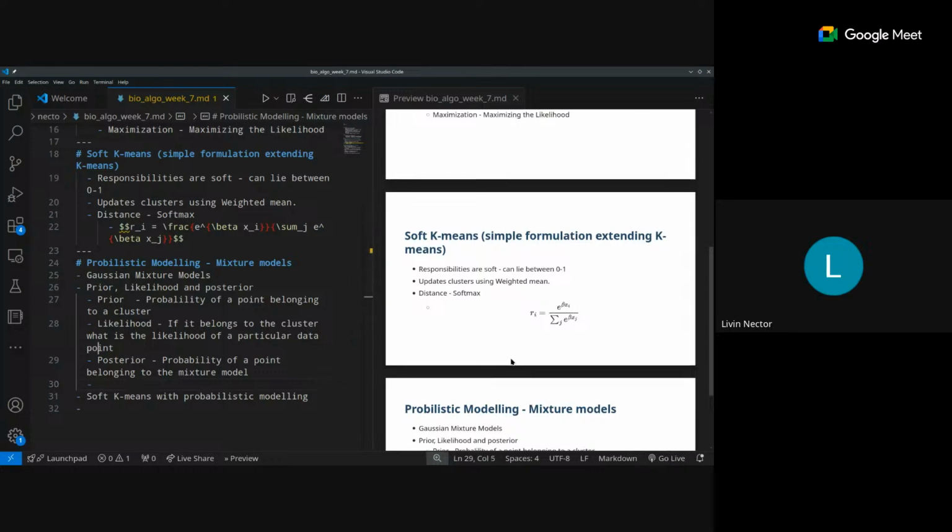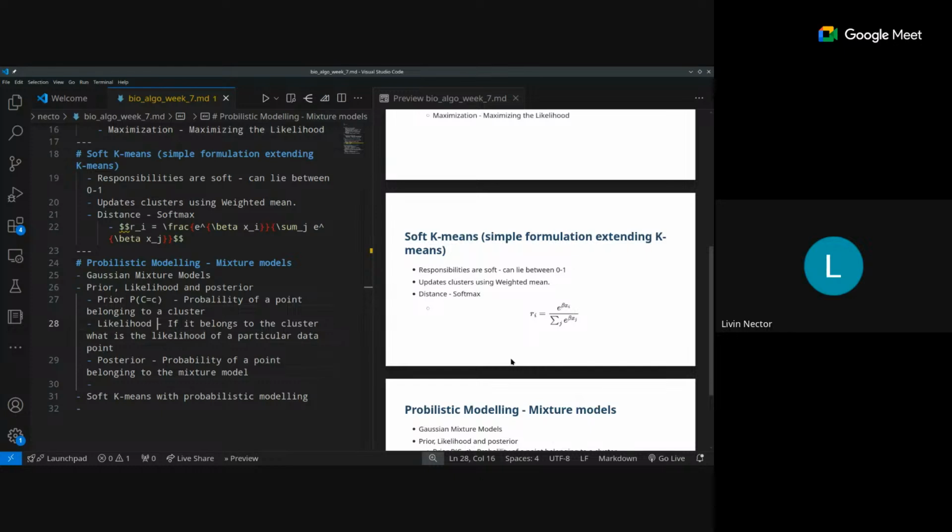The prior is P of k, or P of that particular cluster: the probability of a point belonging to the particular cluster. Given any data point, what is the probability of that point belonging to the cluster? You can write the probability of a particular cluster, C equal to small c.